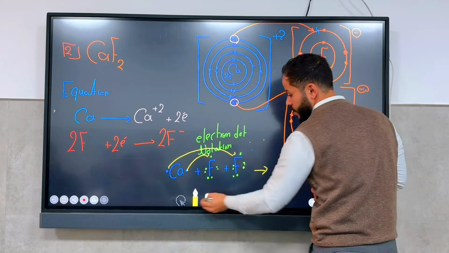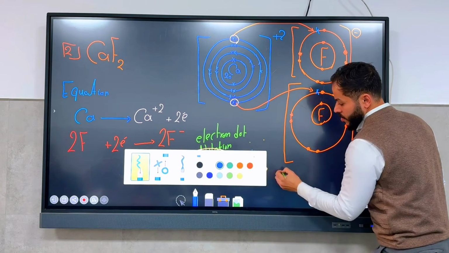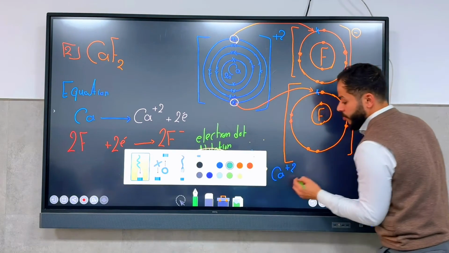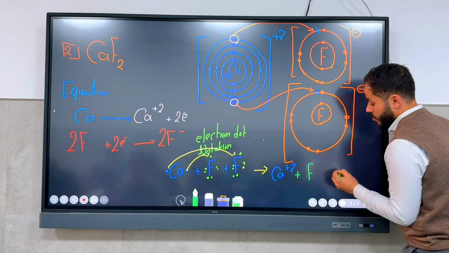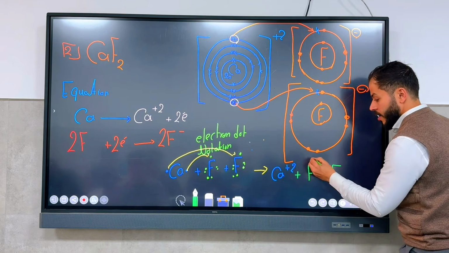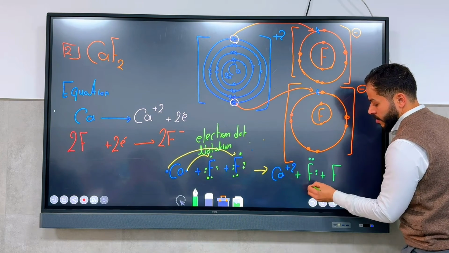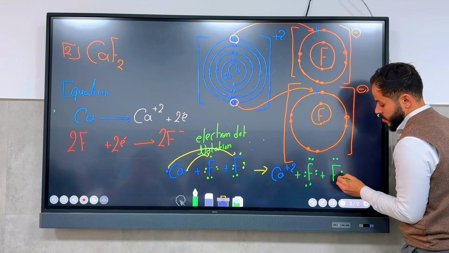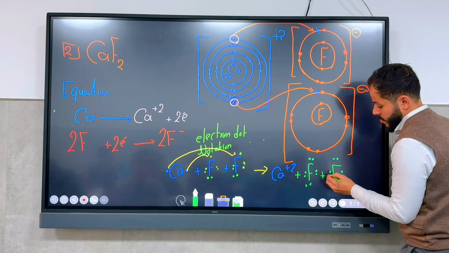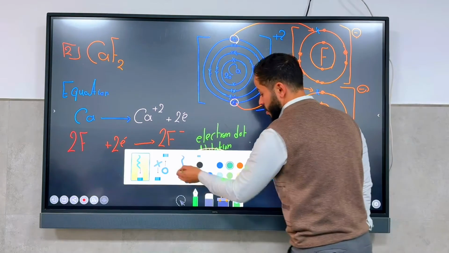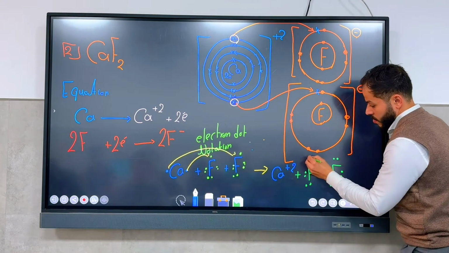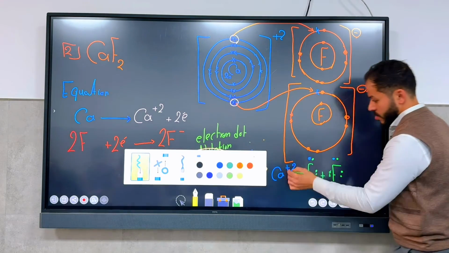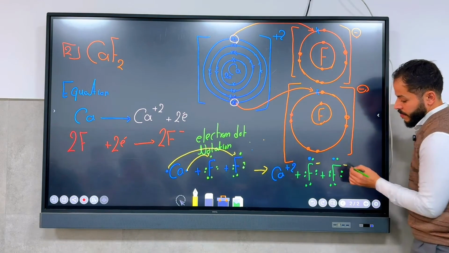Calcium ion, Ca positive 2, plus 2 fluorine atoms, each one surrounded by how many dots? 8, because it has already gained. So 8 electrons. Okay. Each atom takes one of the electrons that the calcium lost, one here, one here. But it has a charge on it. This charge is represented by negative.